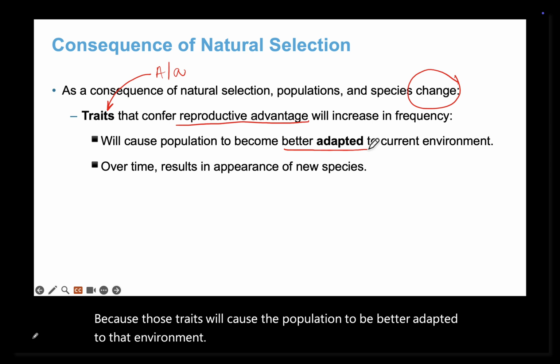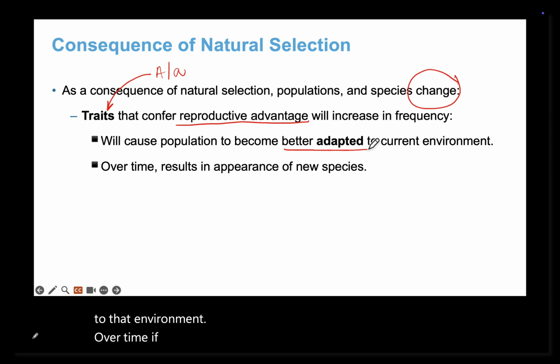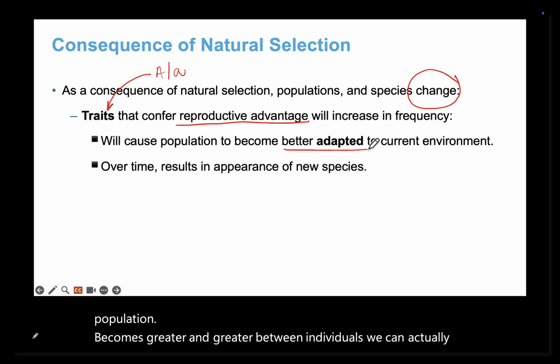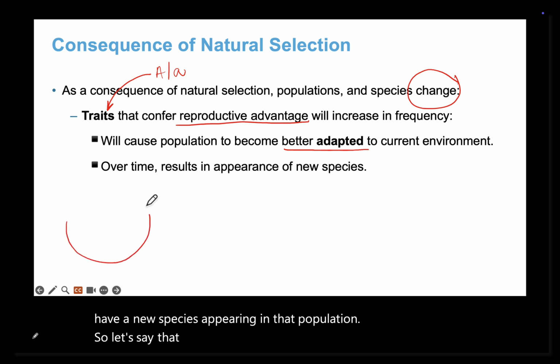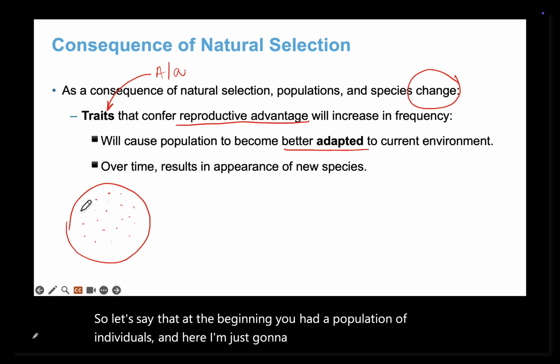Over time, if the variation in that original population becomes greater and greater between individuals, we can actually have a new species appearing in that population. So let's say that at the beginning, you had a population of individuals, and here I'm just going to represent them with dots. Okay?